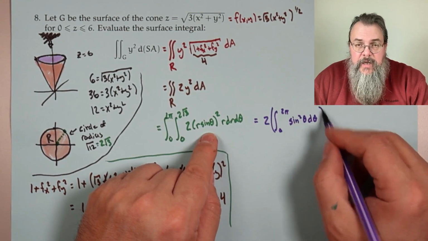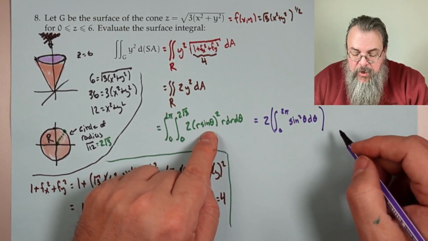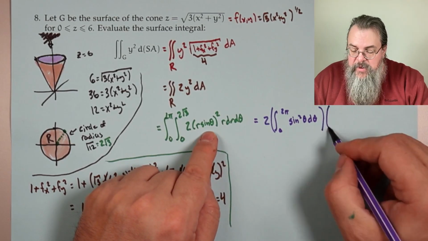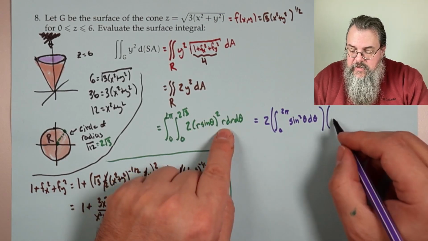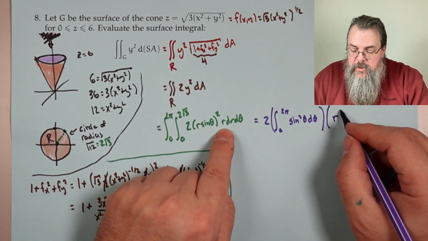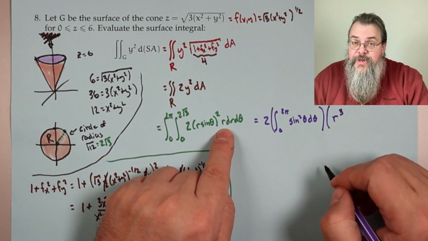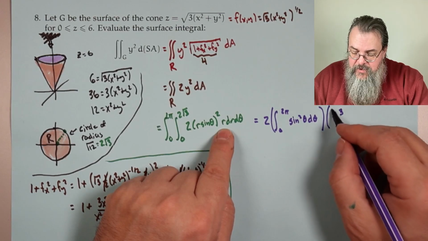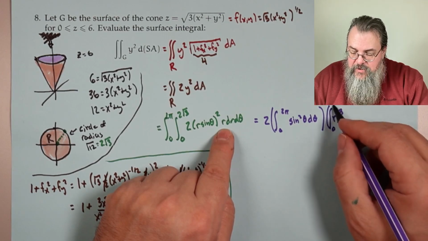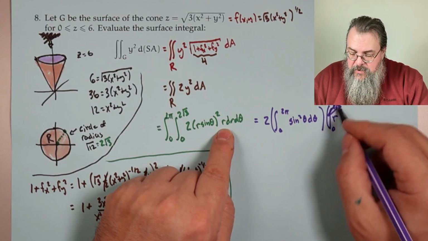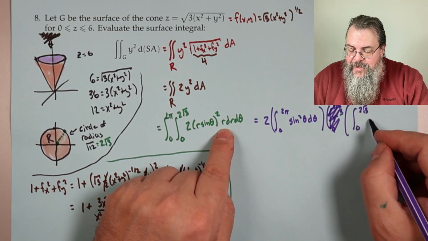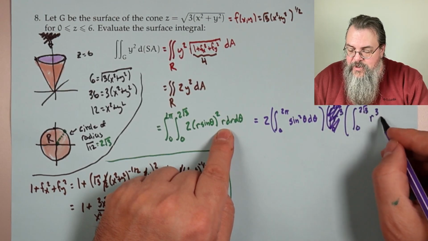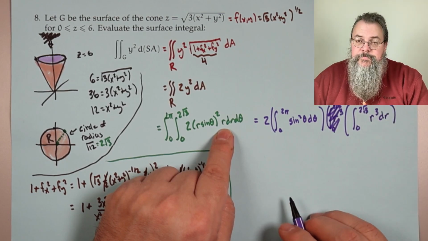I mean, we get like 10 minutes to do these problems, so a minute, that's not so bad. What do we have? r squared times r. So that's r cubed. And, whoops, I forgot my integral, 0 to 2 root 3. Okay, let's try that again. Integral 0 to 2 root 3 of r cubed dr.